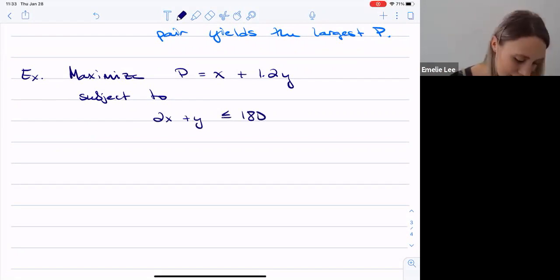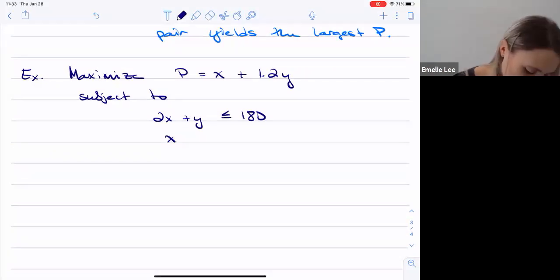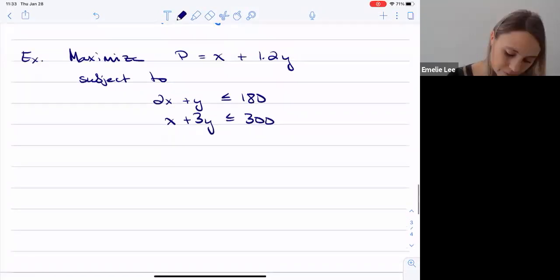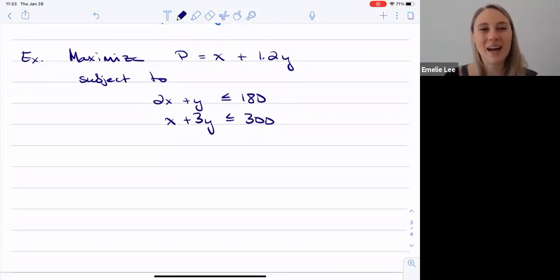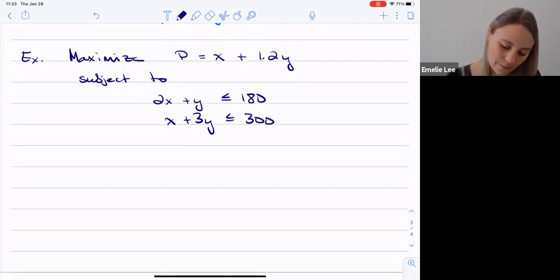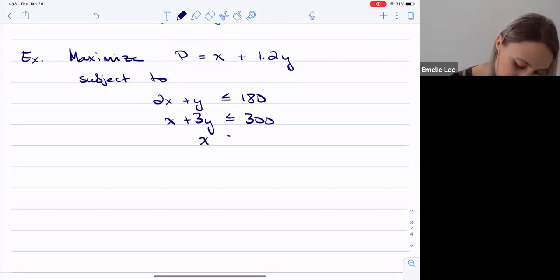Okay. x plus 3y has to be less than or equal to 300. And then x greater than or equal to 0 and y greater than or equal to 0. Those are always going to be conditions, and we'll just jot them down here.